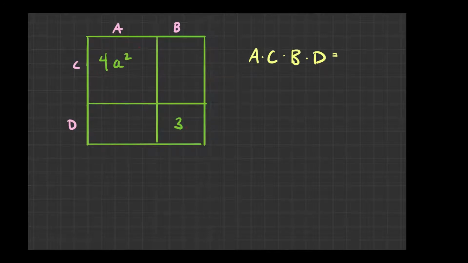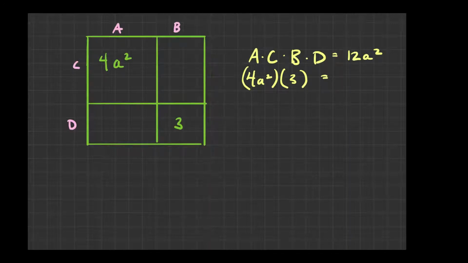So A times C times B times D, or just all of those sides multiplied with each other, that's going to give me 12A squared, right? Because A times C is 4A squared, B times D is 3, and that's where the 12A squared comes from.